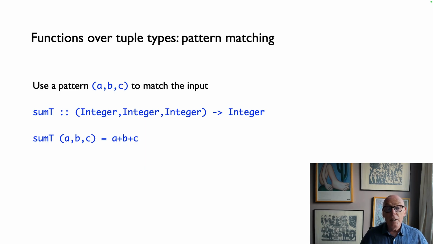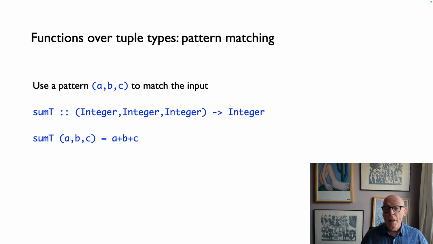I've written a function sum t for sum of a triple of integers to a single integer. And we know that any value of that type will consist of 3 fields, each of which is an integer.